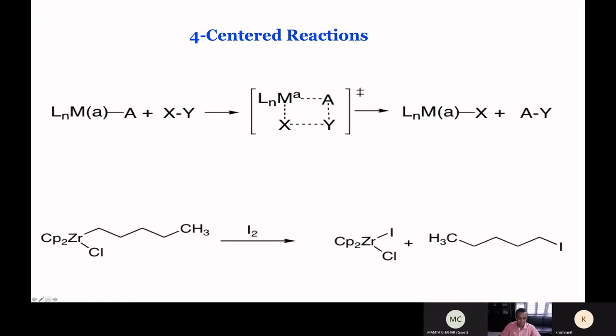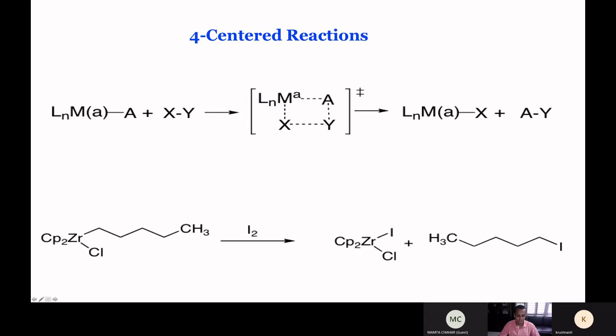But in this case, the oxidative addition and reductive elimination sequence is not possible, because for the oxidative addition your metal has to be electron rich. There should have been some metal electrons available. In this case, zirconium is 4 plus, no metal electrons are available, and therefore you would not get any oxidative addition.